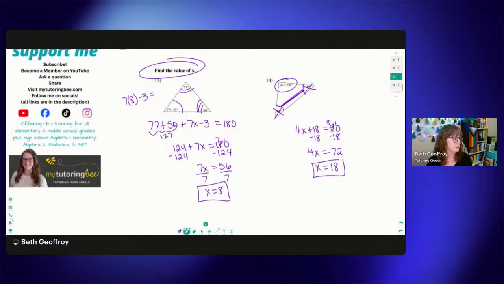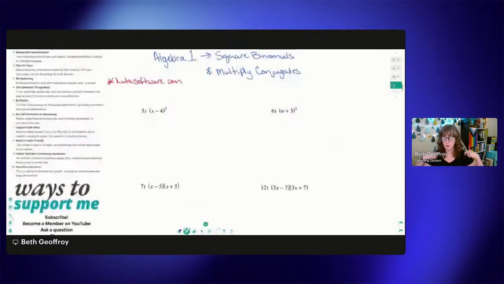All right, let's see how we're doing. We're going to go on to our Algebra 1 next, squaring binomials and multiplying conjugates.